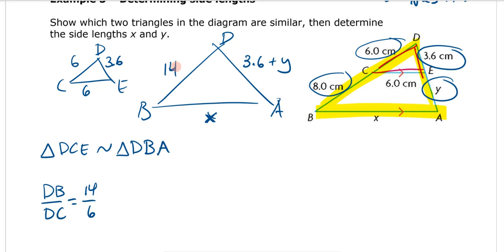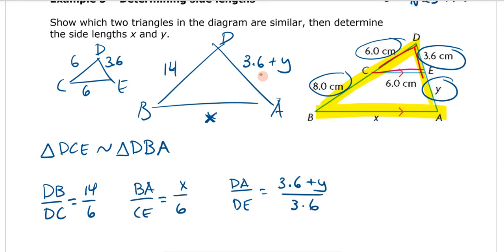For the bottom corresponding sides, CE and BA, the bigger triangle on top: BA over CE equals x over 6. And the third corresponding side, the right side, DE and DA, with the big triangle on top: DA over DE equals 3.6 plus y over 3.6.